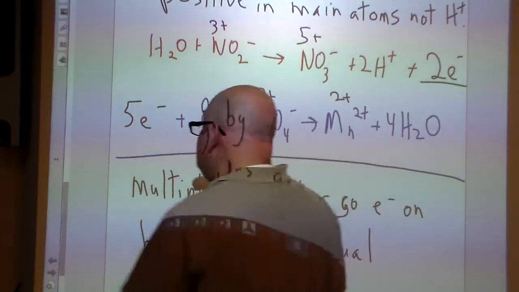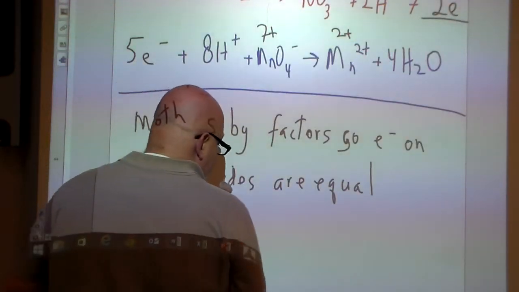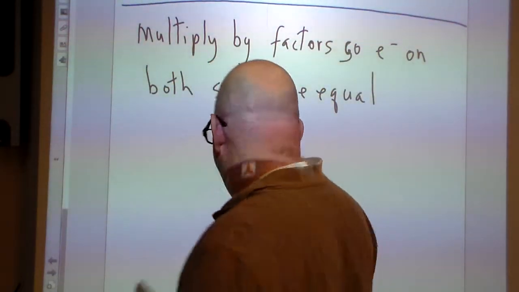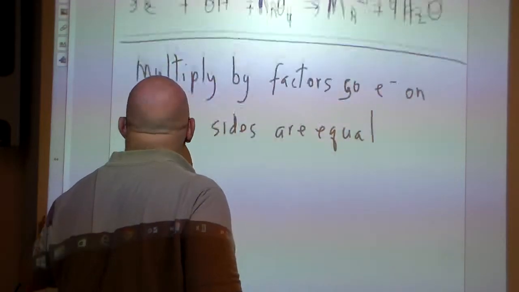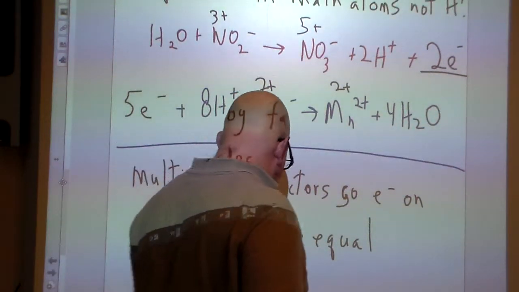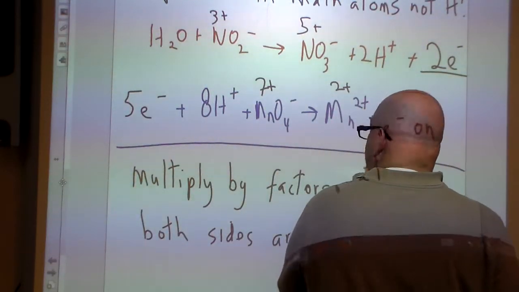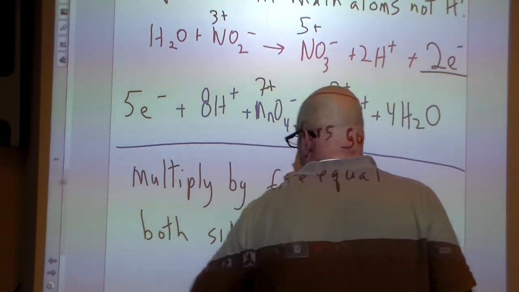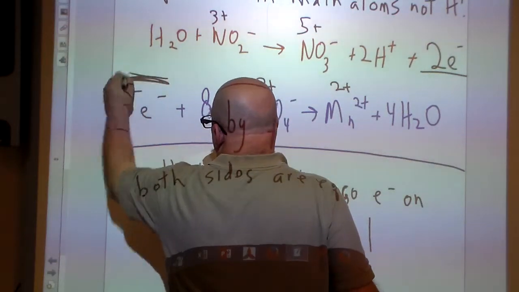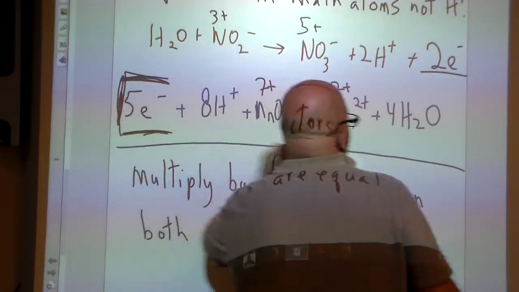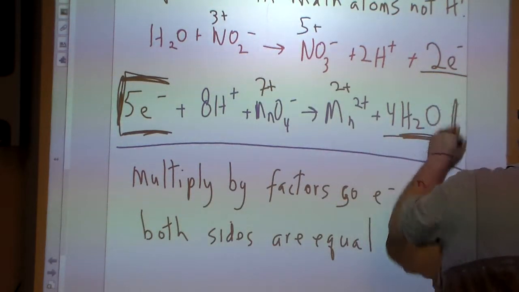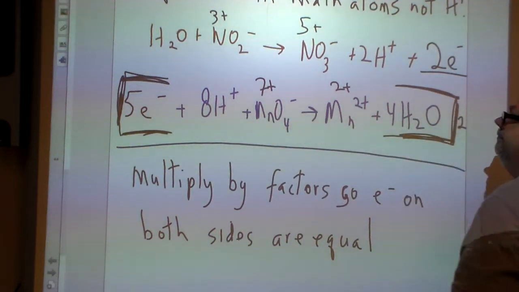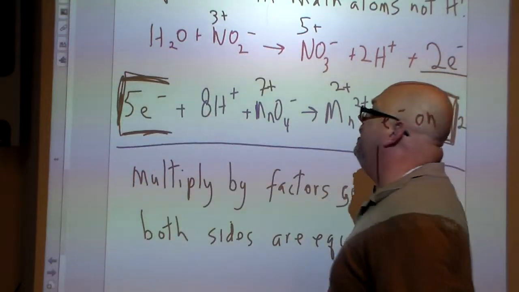So guess what? We can do some stuff with this. We can work with this, and I'm going to have to make this a little bit smaller. So when we're looking at this, I've got to figure out which color I'm going to use for this, because I don't have a fuchsia. So this whole thing here, ladies and gentlemen, will be multiplied by 2, because 2 times 5 is 10.